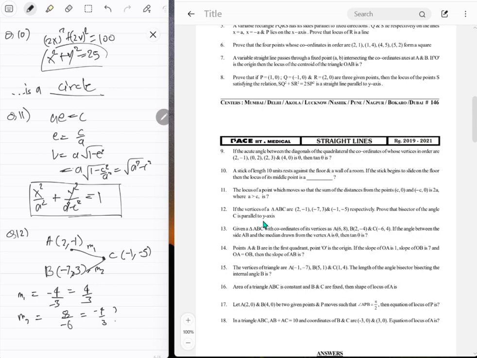Wait, what? Yeah, well, that is correct actually. Oh yeah, I mean, of course. So these are just negatives of each other. So think about two lines with slopes that are just negatives. Like one makes an angle like this, one makes an angle like this.